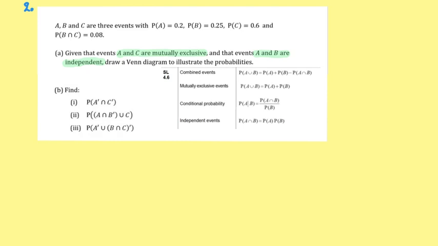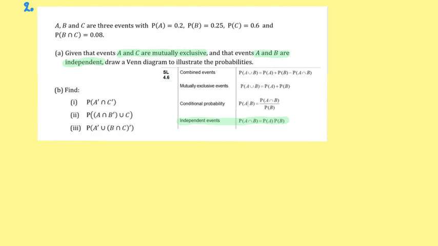If they are independent, we have a formula for that in the formula booklet. The probability of A intersection B is equal to the probability of A times the probability of B for independent events. So I'm going to draw a Venn diagram with 3 circles using the information that I've been given.